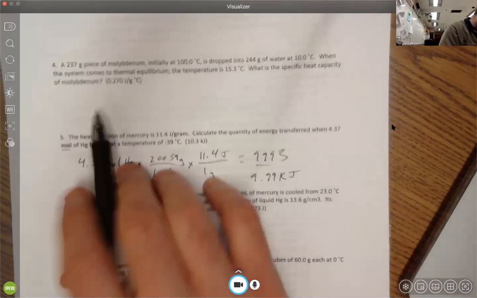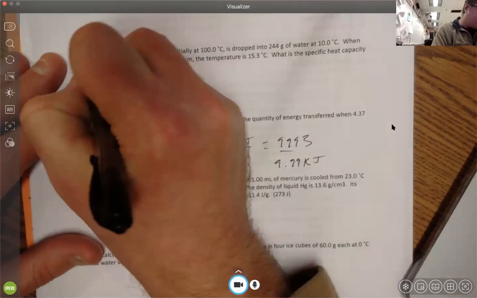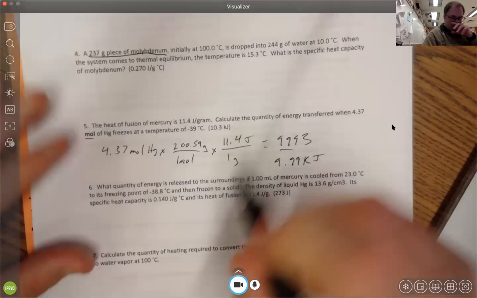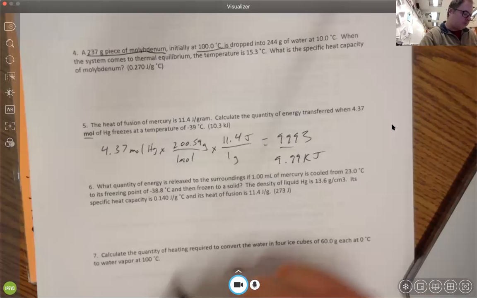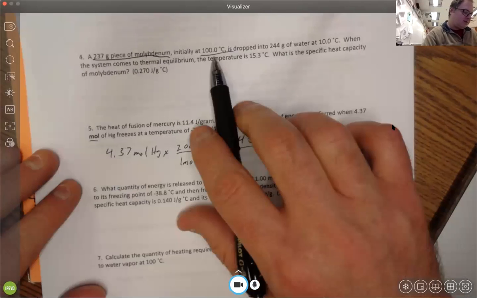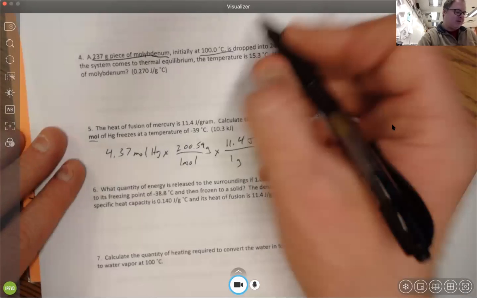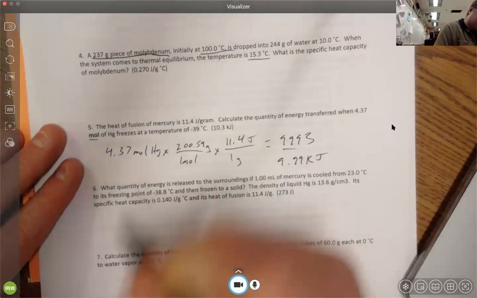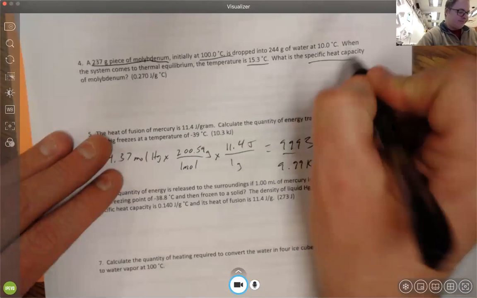So we have a 237 gram piece initially at 100 degrees Celsius. So basically they put it in boiling water. When the system comes to thermal equilibrium, we get a temperature of 15.3. What is the specific heat capacity of the molybdenum?